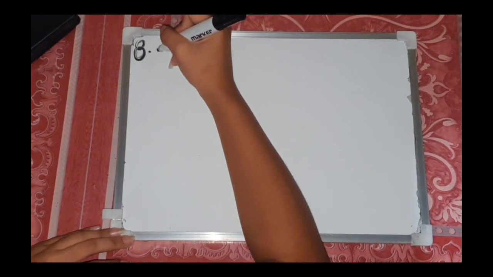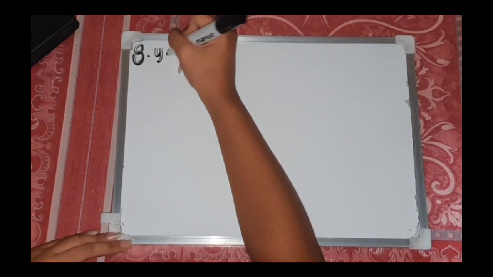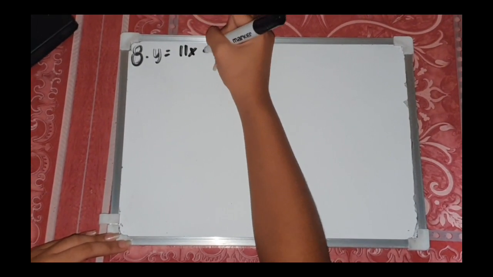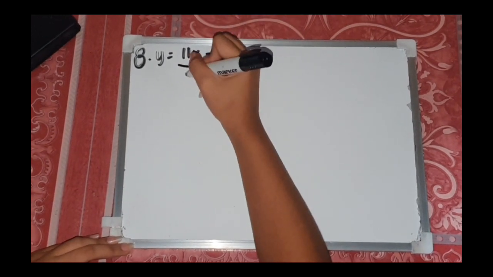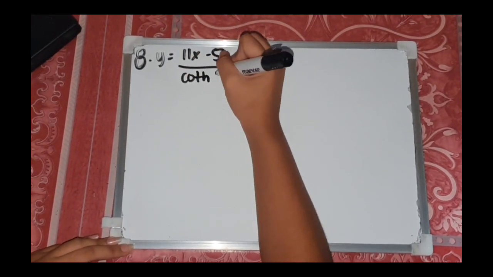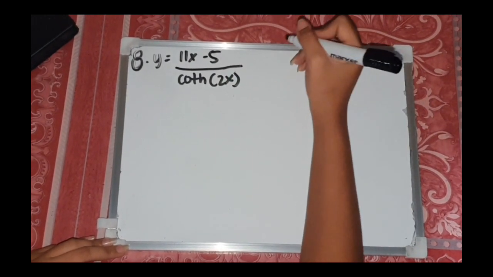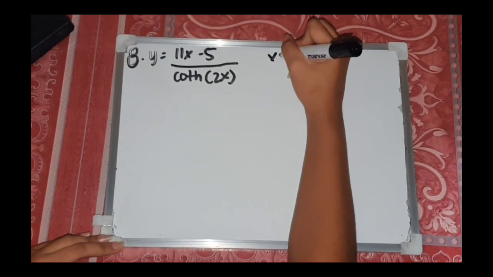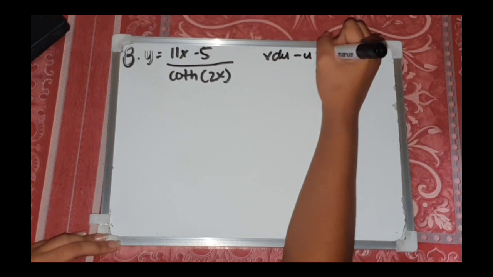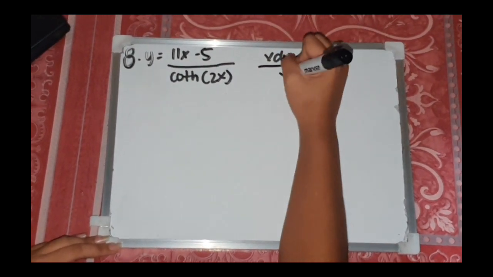Our eighth example is y is equal to 11x minus 5 all over hyperbolic cotangent 2x. We'll be using the quotient rule, which is v du minus u dv all over v squared.